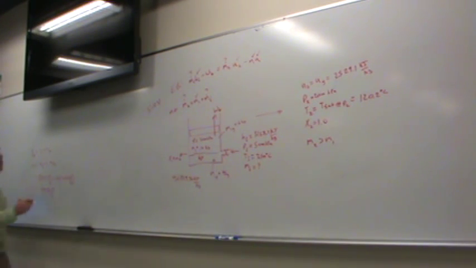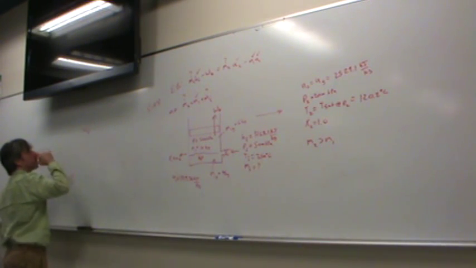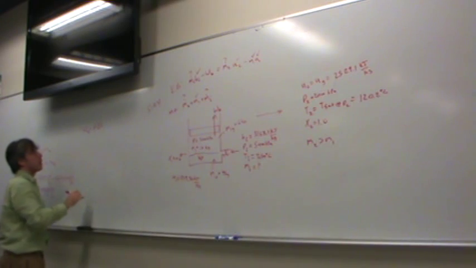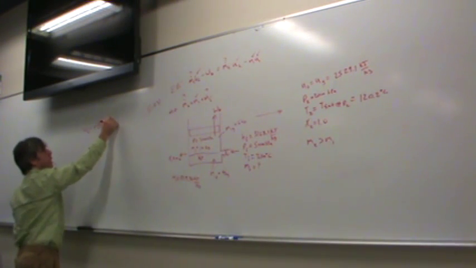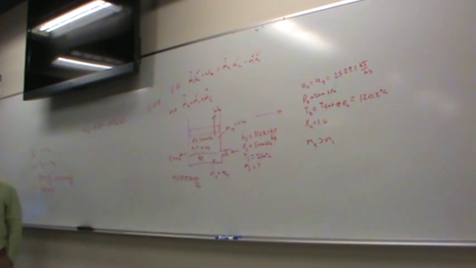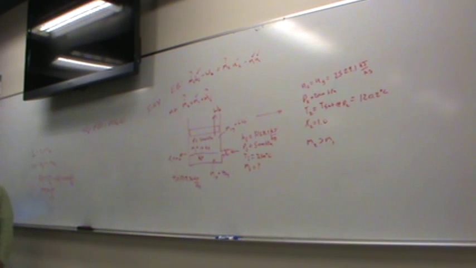Constant pressure. Good, so boundary work is equal to P delta V. So that's going to be P, V2 minus V1. Right? How are we going to get the volume in state two and the volume in state one? Volume in state one is pretty straightforward.